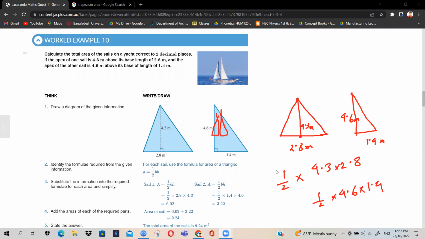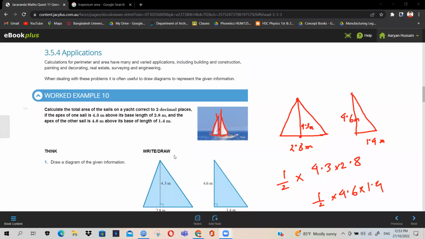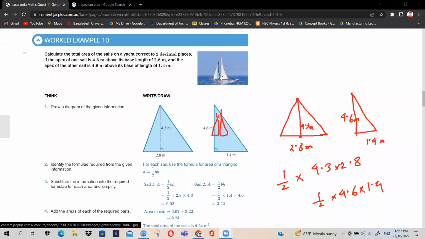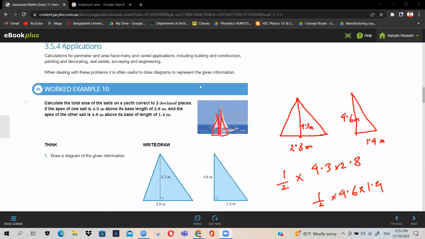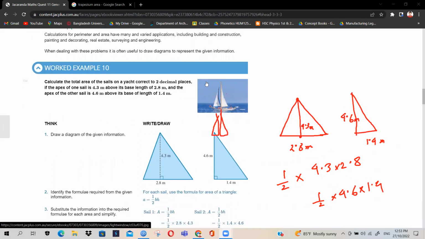It's better if they give pictures like this, because it's not expected for a student to understand that you are going to consider a sail as a triangle, since it does not form a triangular shape. Actually, most of the time it does, but it forms a curvature based on the air pressure.